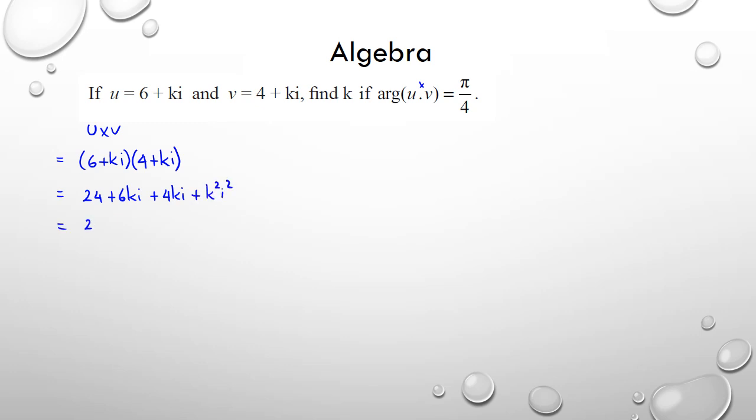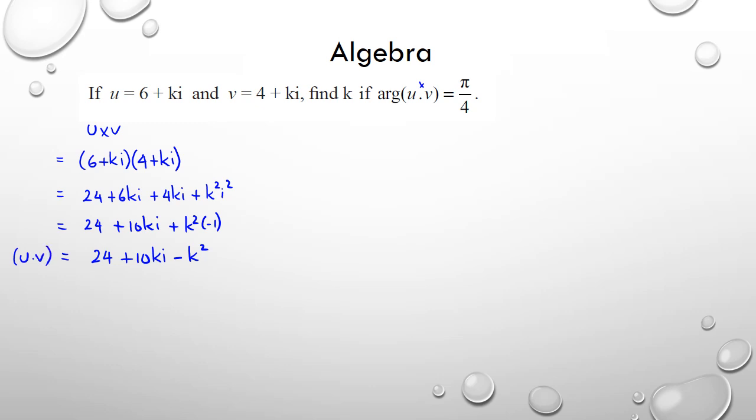Simplifying this, I have 24 plus 10ki plus k squared times -1. So my uv is equal to 24 plus 10ki, not plus, minus k squared. Okay, so this is what u times v is going to equal.